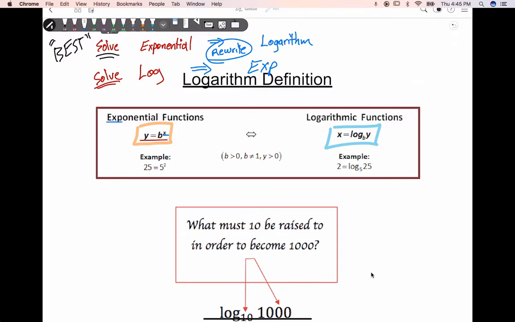Whereas over here with the logarithmic function, x, log, and y are all on the same level, and b is almost like a subscript. It's a base. Think of this x as the attic, if you will, and this base right here as the basement.